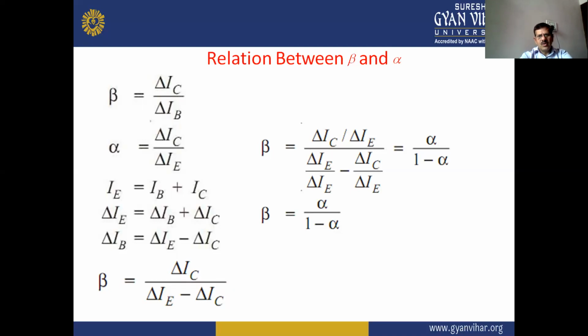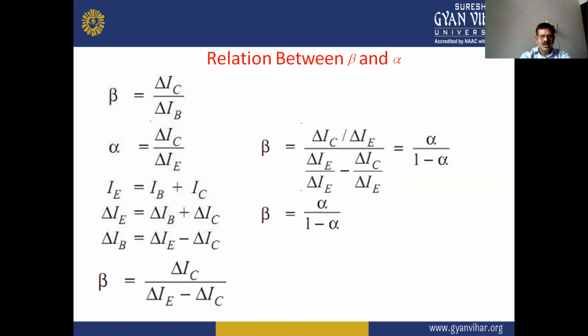So we can write beta as the change in IC divided by the change in IB upon the change in IE divided by the change in IE minus the change in IC upon the change in IE. Simplifying this, beta equals alpha upon 1 minus alpha.